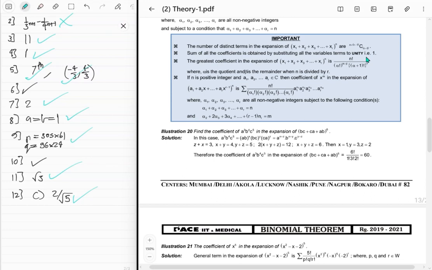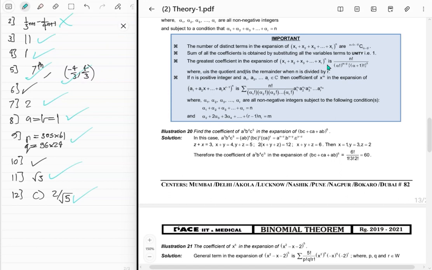The greatest coefficient in the expansion of this is n factorial upon alpha factorial to the power of m minus b, and then alpha plus 1 factorial to the power of b. What?